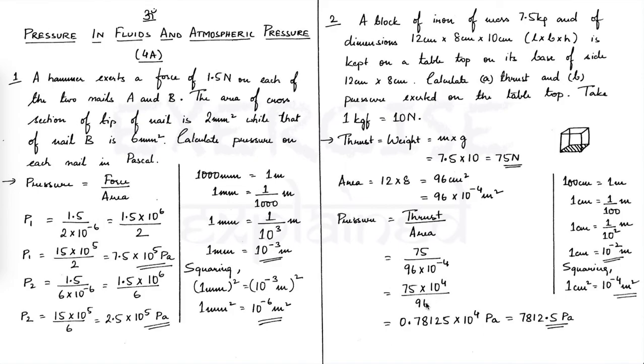Now 75 by 96 gives me 0.78125 into 10 to the power of plus 4 pascals. So if we multiply with this 10 to the power of plus 4, the decimal will shift 4 places to the right. So that gives us 7812.5 pascals.